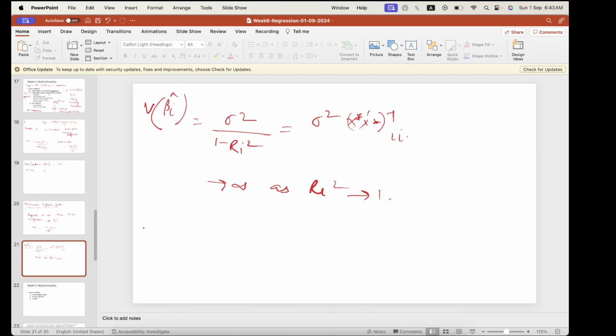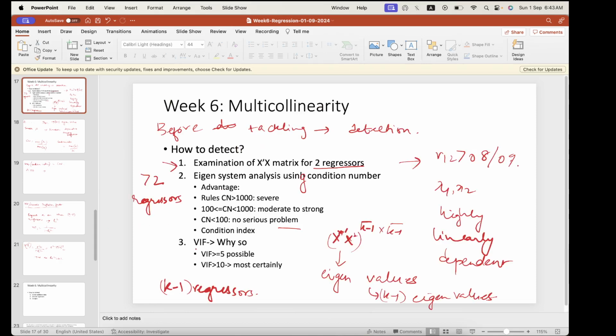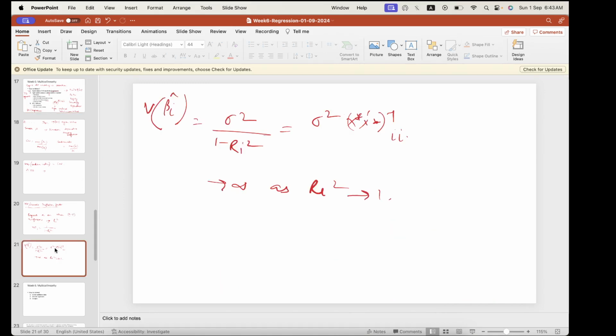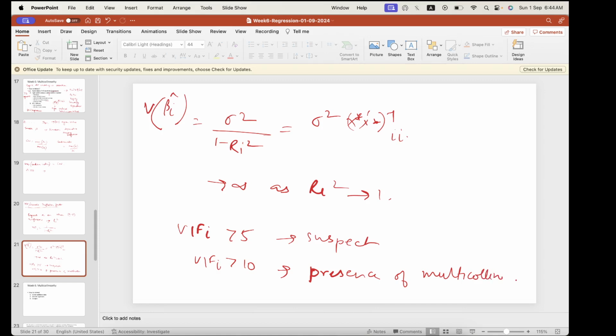The general rule is that VIF I greater than 5 we should suspect, and VIF I greater than 10 is indicative of the presence of multicollinearity, and is most certainly a problem.